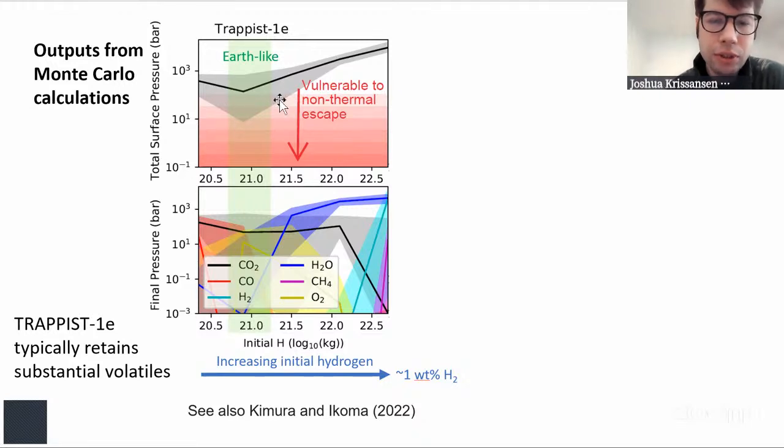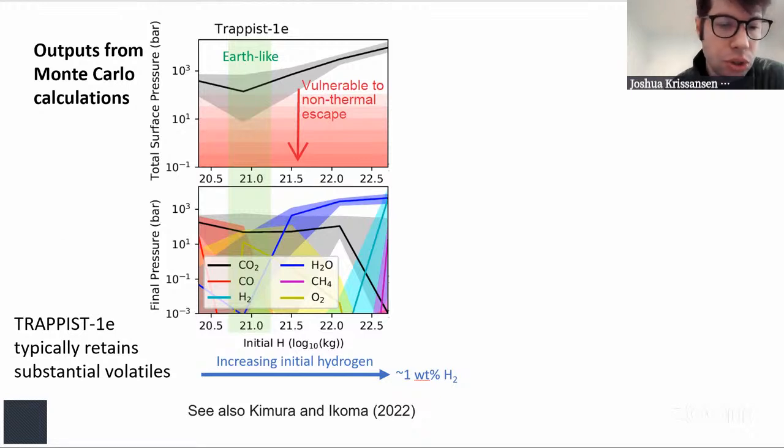What you can see for TRAPPIST-1e is that no matter what your initial hydrogen inventory, you're unlikely to be in this danger zone. Basically, you're likely to retain a fairly substantial surface volatile inventory. And as you add more and more hydrogen, that hydrogen is able to react with the molten silicate interior and produce a lot of water, which is the blue curve here.